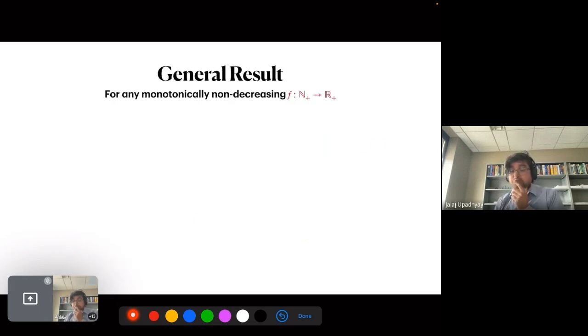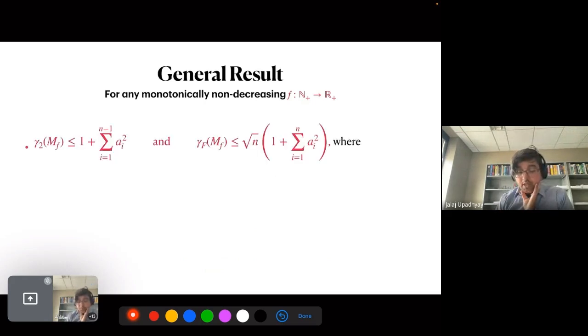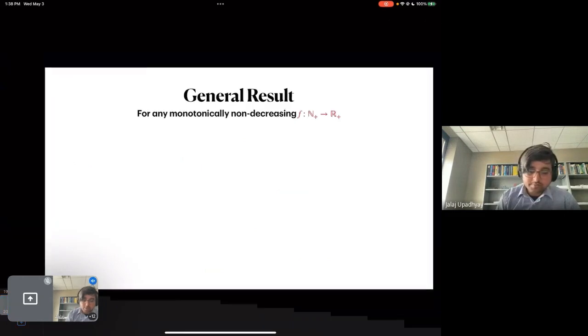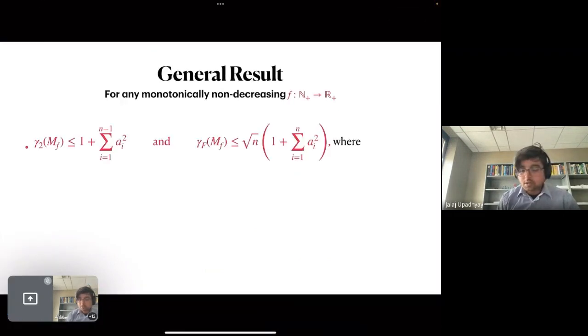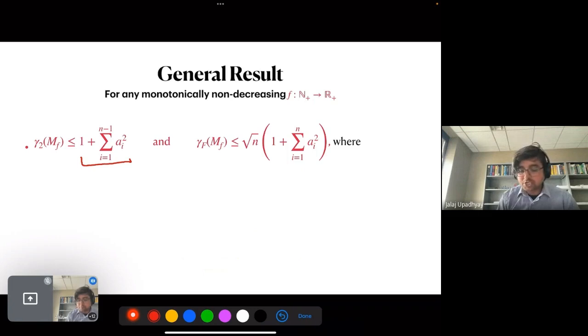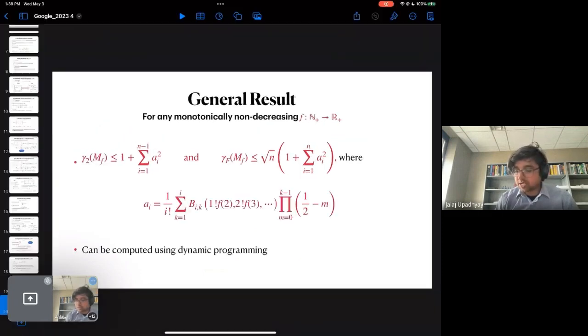Well, for this general result, which has application in other areas other than privacy, if I have a monotonically non-increasing function, I can compute the gamma 2 norm, or CB norm, by some function a_i, which I will make explicit.